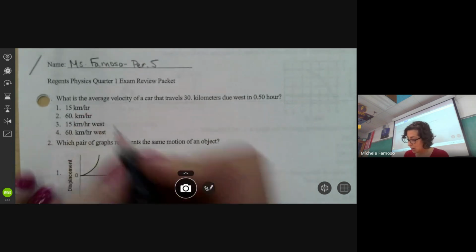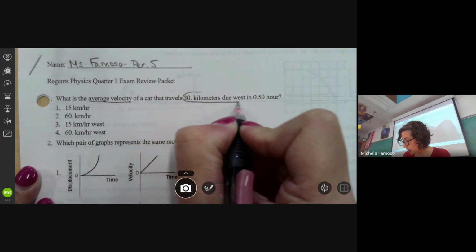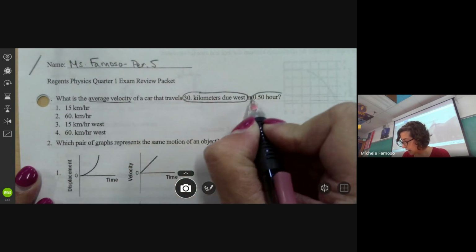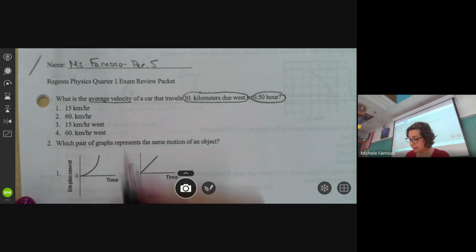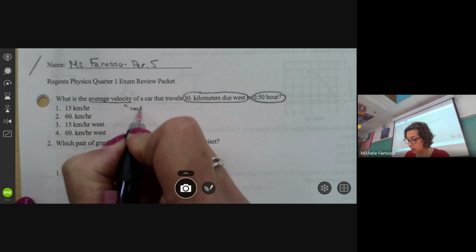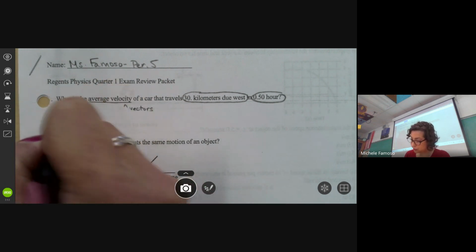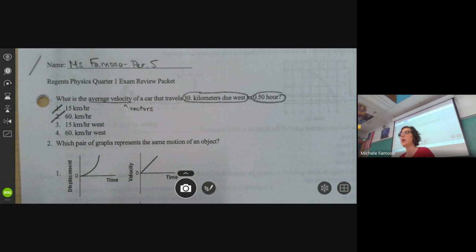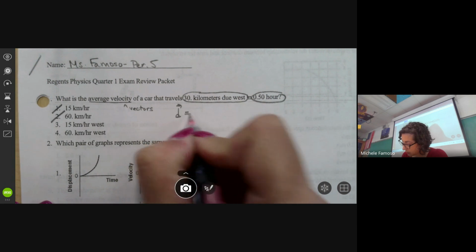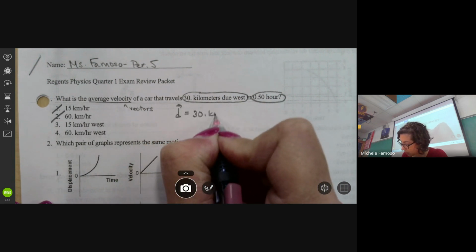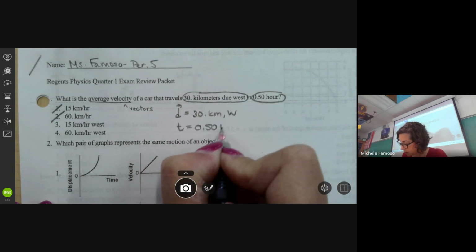Number 1, okay. I'm asking you for average velocity traveling 30 kilometers west in half an hour. Okay, I want a velocity. Velocities are vectors, which means it must include a direction. 1 and 2 do not have a direction attached, so those are out. To find an average velocity, you need a displacement, which is 30 kilometers to the west, and a time of 0.50 hour.